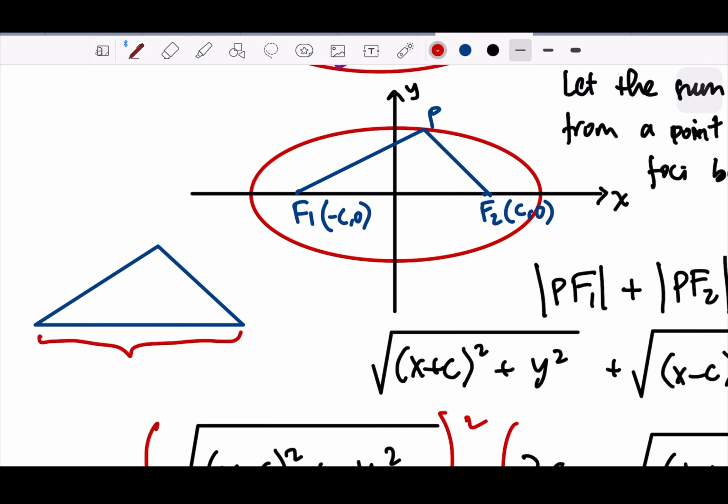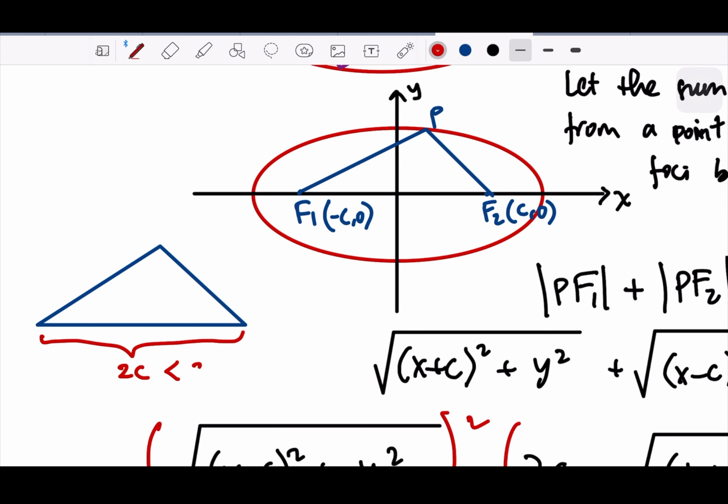This length, let's say it's 2c. It's less than 2a, right? It's less than 2a. So if you add these two sides, it will be greater than the base, right?